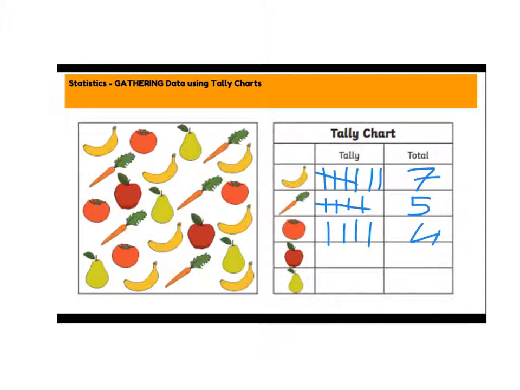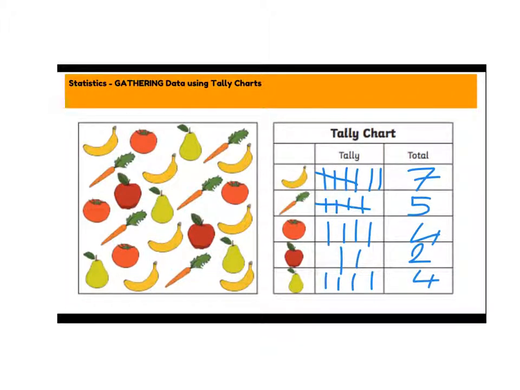Have a look at the apples. That's right, the apples should be easy, it's 1, 2. And then the last one is the pears. Did you manage to work out how many pears we have? 1, 2, 3, 4. The number is 4, that's correct.